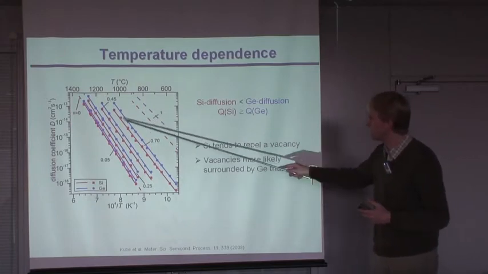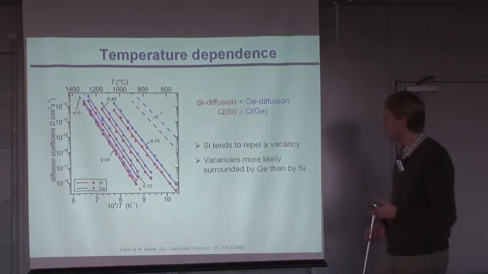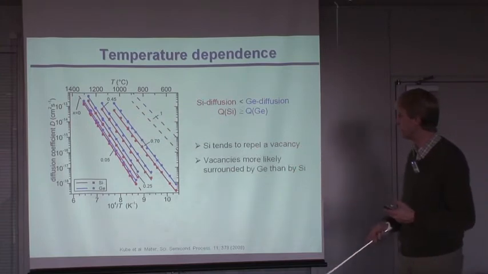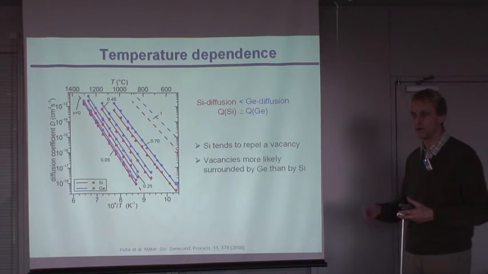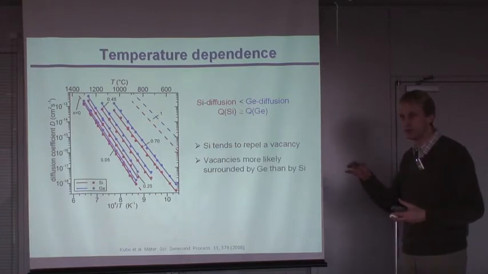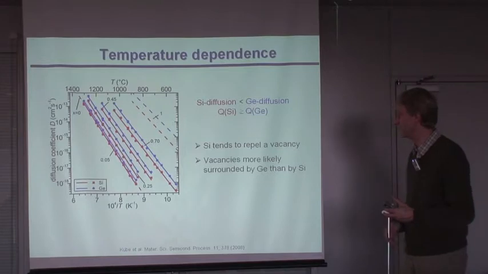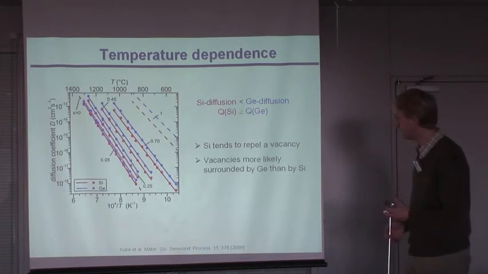From this kind of behavior, we can already tell what is going on. This means that the silicon in silicon germanium has the tendency to repel a vacancy, and the vacancy would like to be situated close to a germanium, or in a germanium-rich environment, and that's the reason why the germanium diffusion tends to be higher than the silicon diffusion.